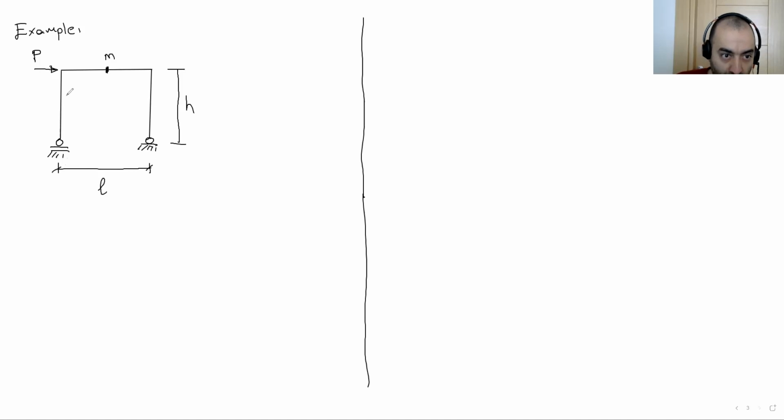The location of this M is here, this part: L over 2 and L over 2. So at the midpoint of the beam.